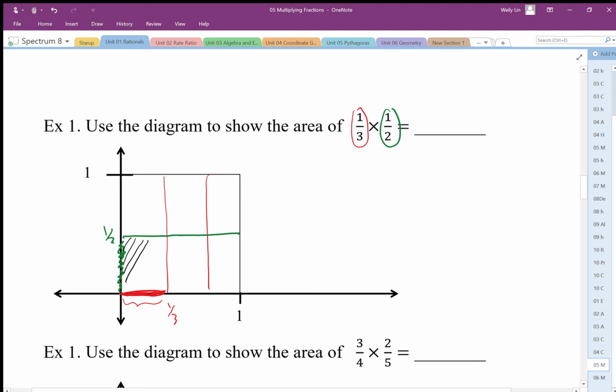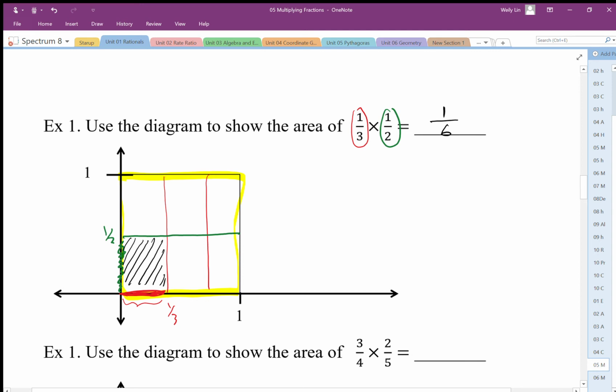So what is that area? Well, in terms of the whole, the 1 by 1 square represents a whole. There are 6 pieces that make up this whole. So that must be my denominator, must be out of 6. And there's only one of those 6 pieces that is shaded. That's the area that I want.